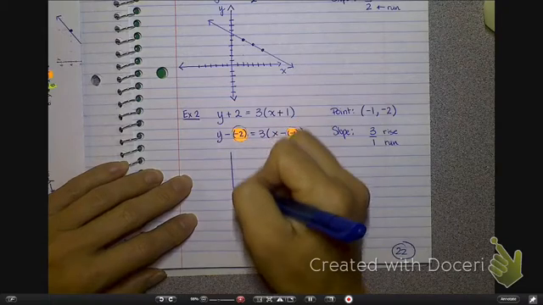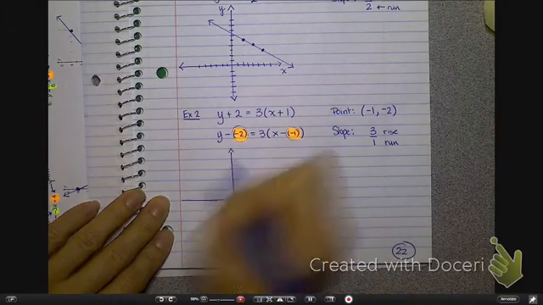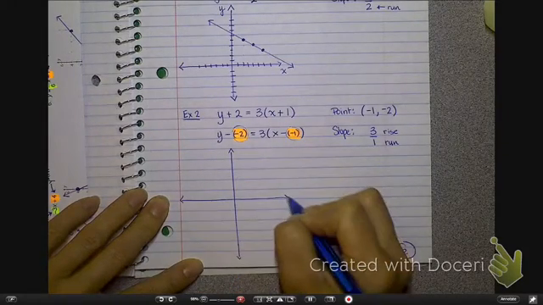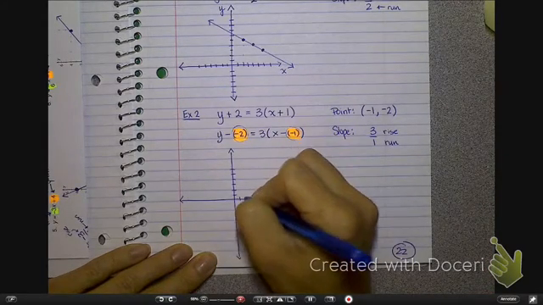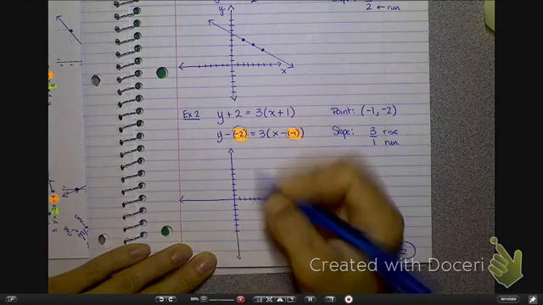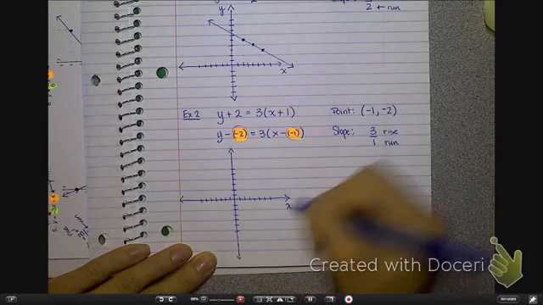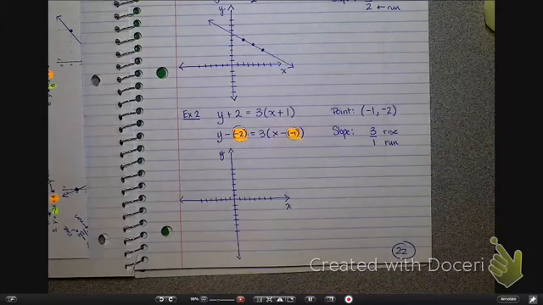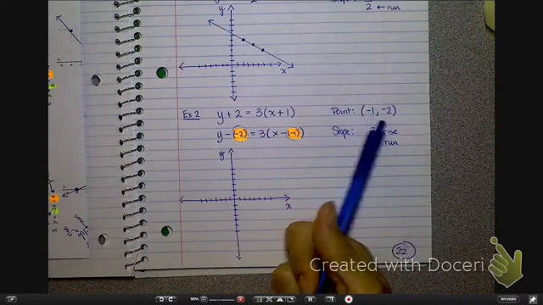Everyone go ahead, draw your graph. Try to make your spacing as even as possible. Okay, so we're going to start out by putting our point onto the graph.